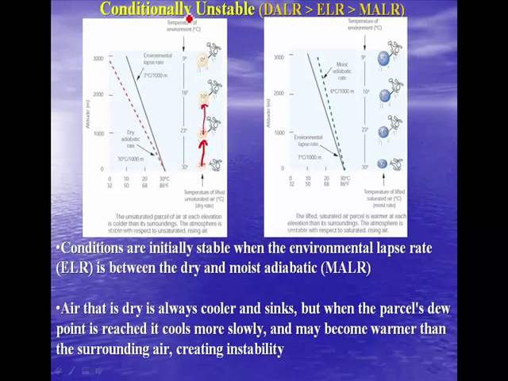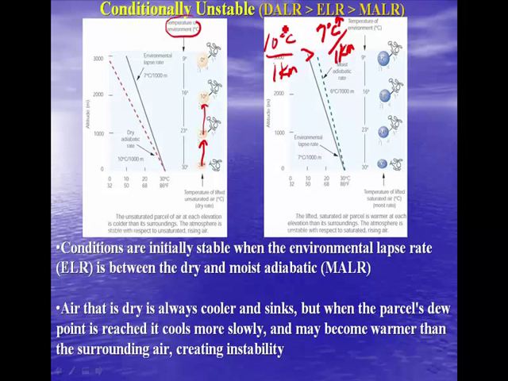Now the change in temperature of the atmosphere, it changes at the rate of 7 degrees per kilometer. It goes from 30 to 23. So in this example, the environmental lapse rate is 7 degrees Celsius per 1 kilometer. That's the environmental lapse rate. The dry adiabatic lapse rate, if the air parcel is dry, is 10 degrees Celsius per 1 kilometer.